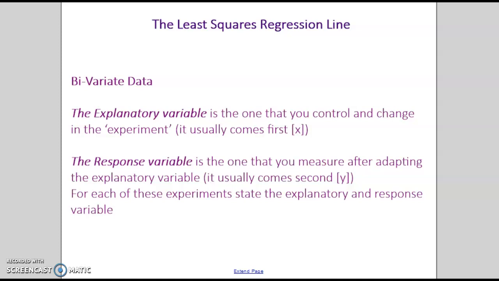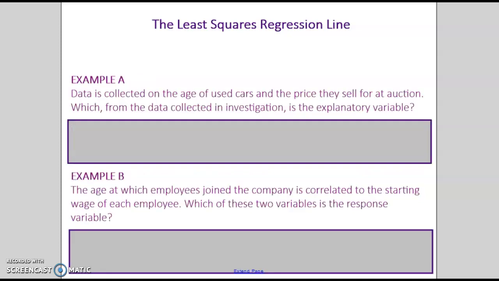So there's a couple of examples that I just want to talk through with you, and we're going to see if we can find the explanatory and the response variable. So still on page 23. Example A says data is collected on the age of used cars and the price that they sell for at auction. Which from the data collected in the investigation is the explanatory variable?